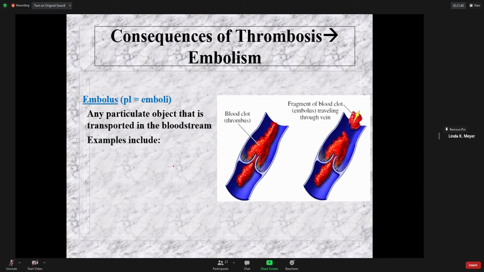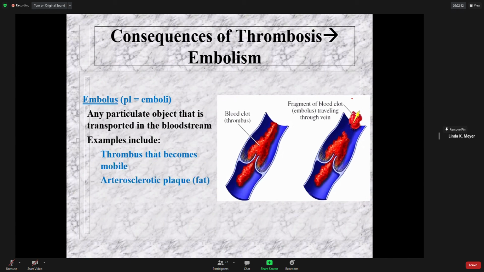I do want to point out, though, that not all thrombi become emboli, and not all emboli are thrombi, because an embolus can be any particulate object that's transported in the bloodstream. So as I said, it can be a thrombus that's become mobile, as shown in the illustration.